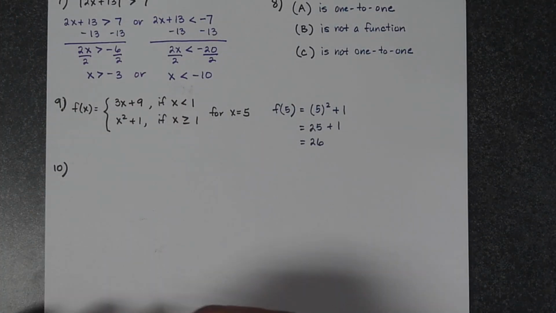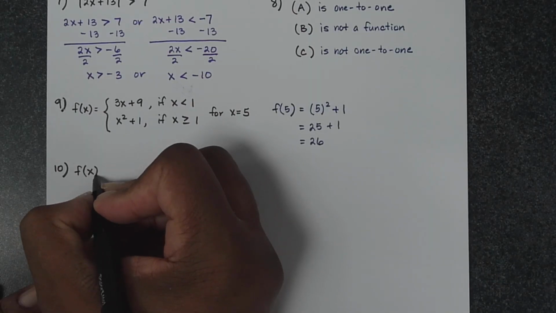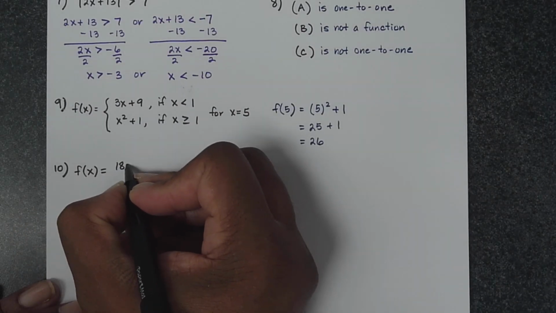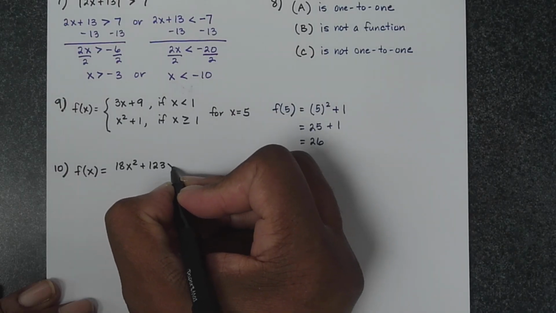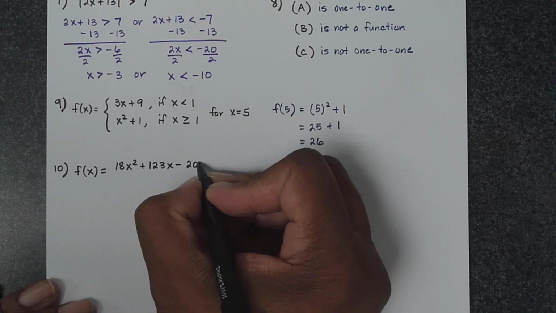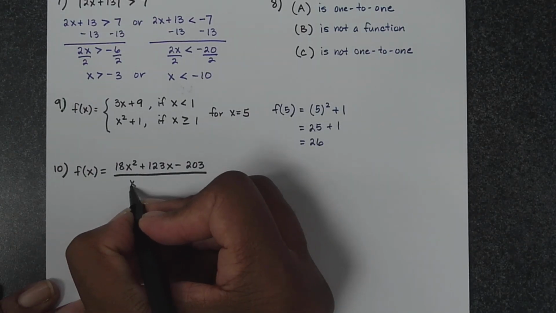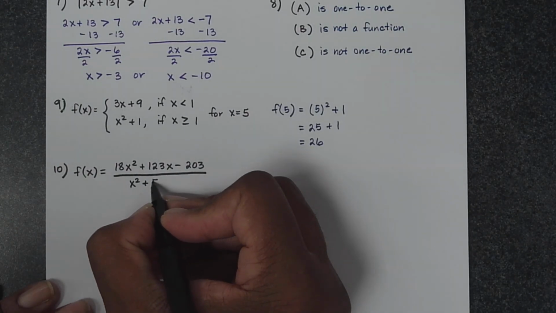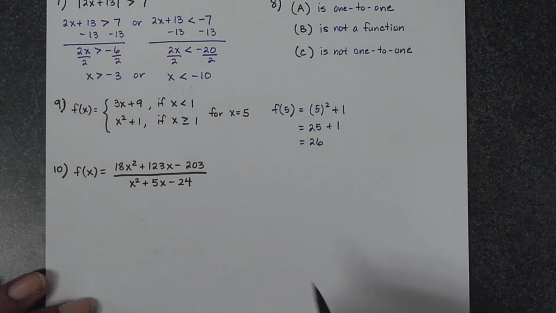Now the type of function that we have in number 10, as I write this down, is a rational function. Because we have a numerator, and then we got a denominator where there's an x there in that denominator.